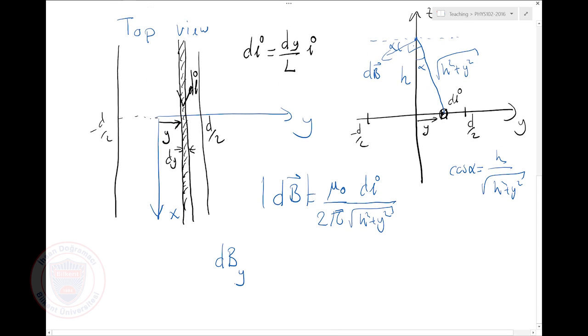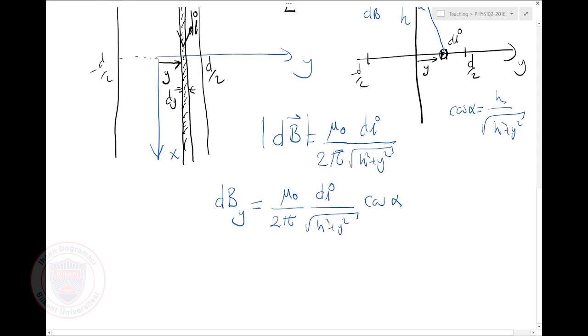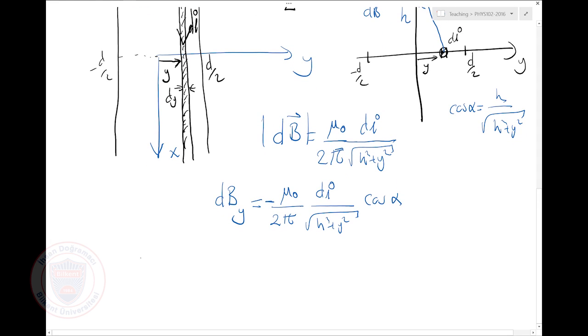So let me call this dBy. It's going to be mu 0 over 2 pi di divided by H squared plus Y squared times cosine alpha, with a minus sign for direction.